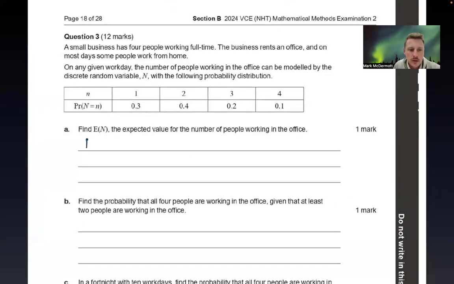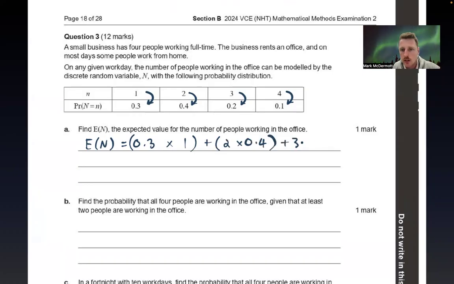Okay, to find the expected value of a discrete random variable, you need to take this times this, plus this times this, plus this times this, plus this times this. How do I know that? Oh, yeah, won't go into it. But it's obviously there's very good reasoning behind it.